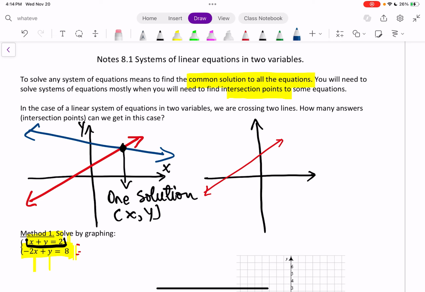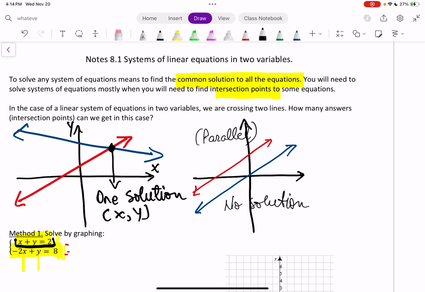It's very possible that they don't meet at all. In other words, we have parallel lines, and therefore there's no intersection point, so there will be no solution to the system.